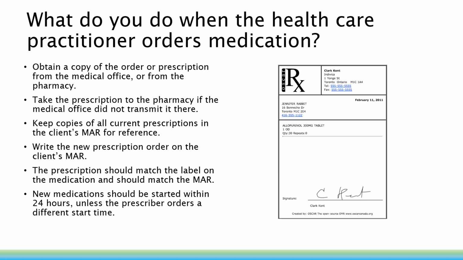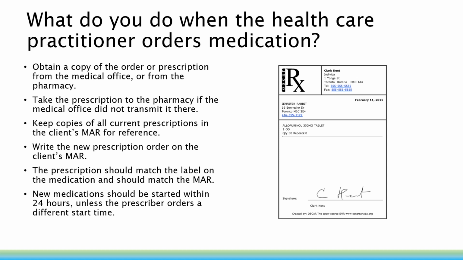Keep copies of all current prescriptions in the client's MAR for reference. Write the new prescription order on the client's MAR. The prescription should match the label on the medicine, as well as match the MAR.